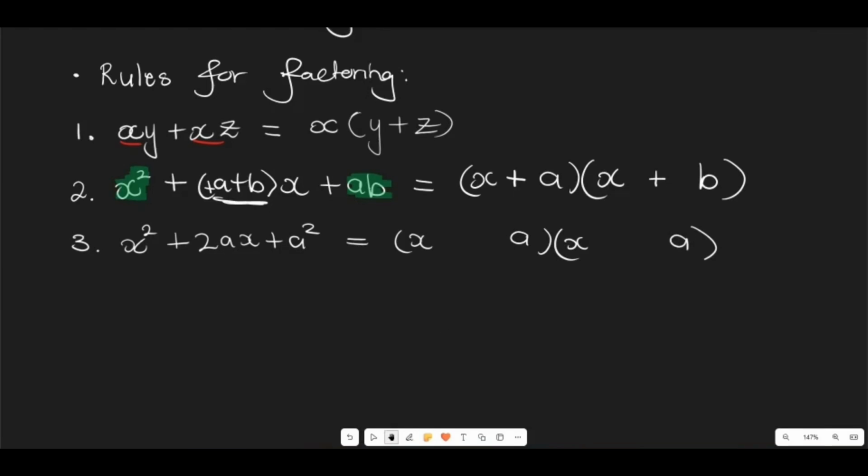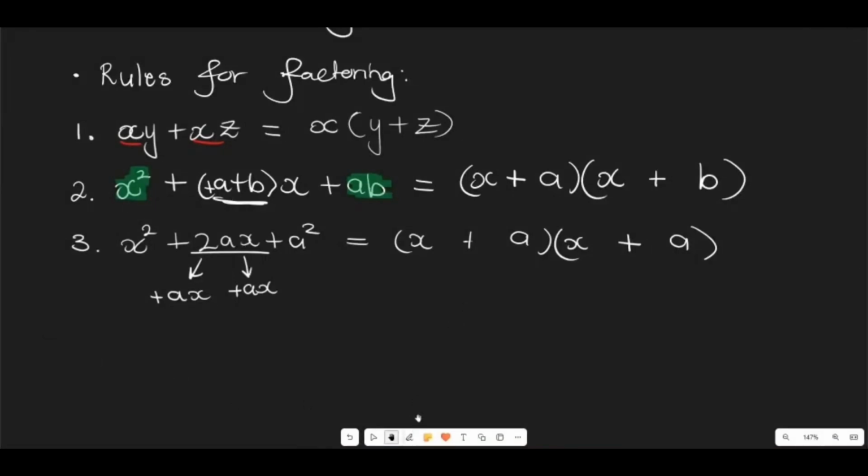And then we have 2ax. So I'm sure at one point this was a and this was also another a. It's ax plus ax. Do you guys agree with me on that? Just put a thumbs up. At one point, that was a positive ax plus another ax. So which means I just need to use a positive and a positive over here. And that's what I have.